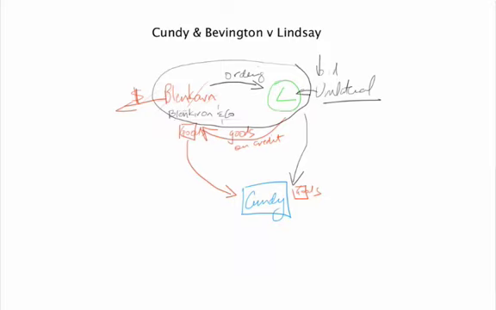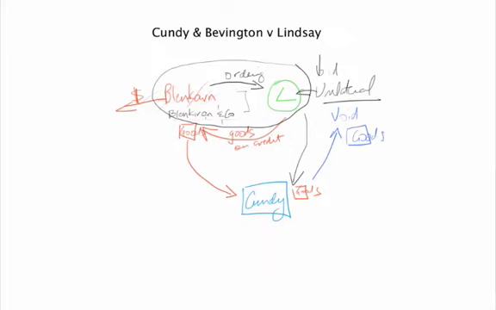Notice also it's about the identity of the person, whether it's Blencarn or Blenkiron, and note that Blencarn has taken advantage of that. So because of that, the courts decided in this instance that it was a void contract. That meant that Blencarn didn't have title to pass to Cundy, and the goods should actually go back to Lindsey. And it's up to Cundy to get the money back off Blencarn.